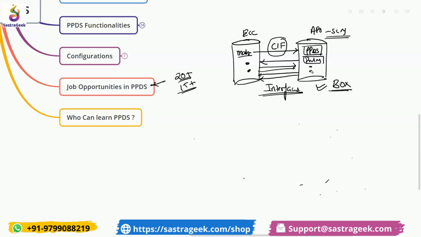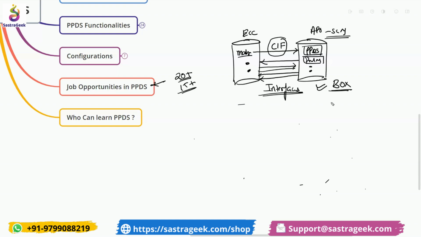Things get stuck in the queue, and we have support consultants supporting 24/7 just to make sure all the cleanup is done, the things which got stuck, the tables which get inconsistent. There are a lot of other batch jobs which SAP has given to clean up and make sure the data remains in sync in both systems.